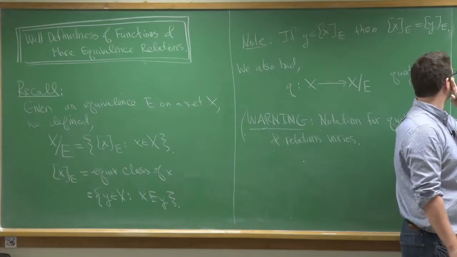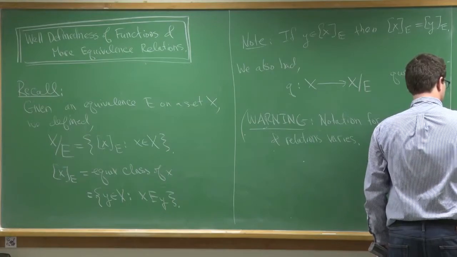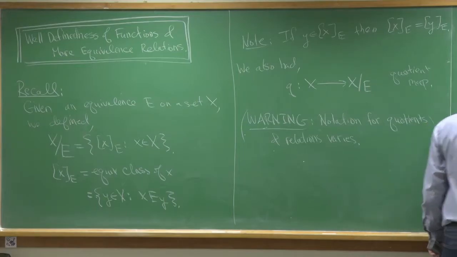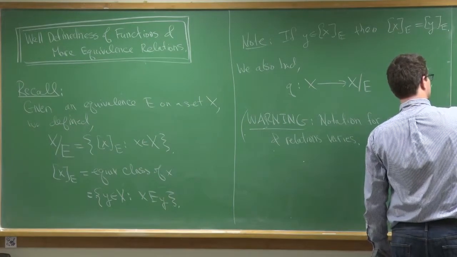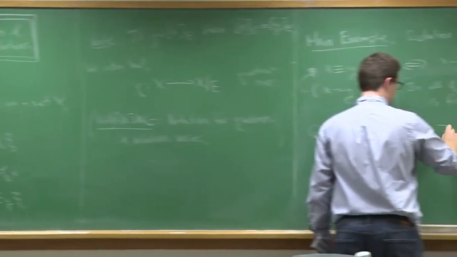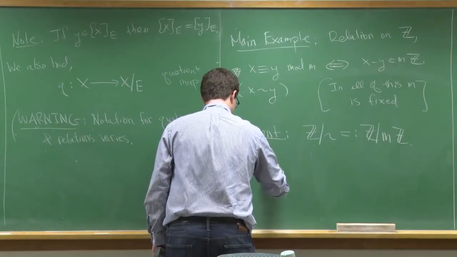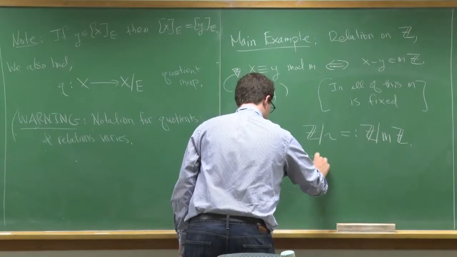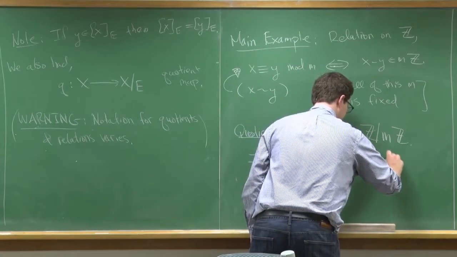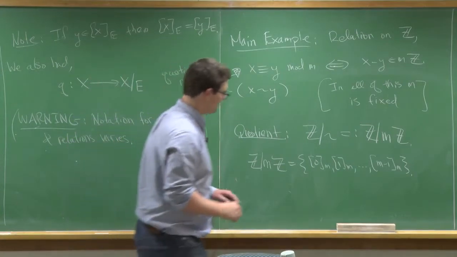The quotient is Z mod mZ, which had representatives 0, 1, up to m minus 1.